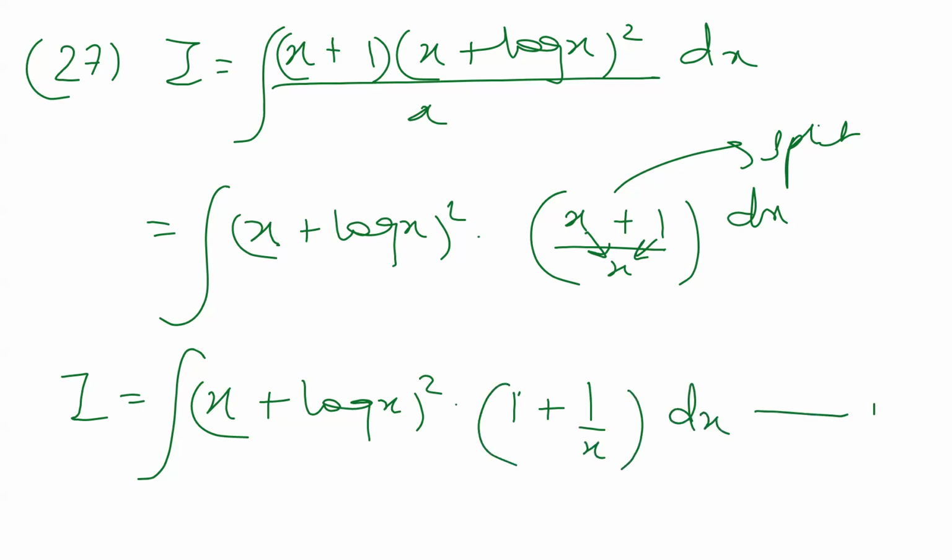Okay, equation number 1. Now I'll just give you the hint. Derivative of x plus log x is present in the problem. Derivative of x is 1 and log x is 1 upon x. So take this particular term as t and further you can solve. Right? And yes, so you can solve this further.